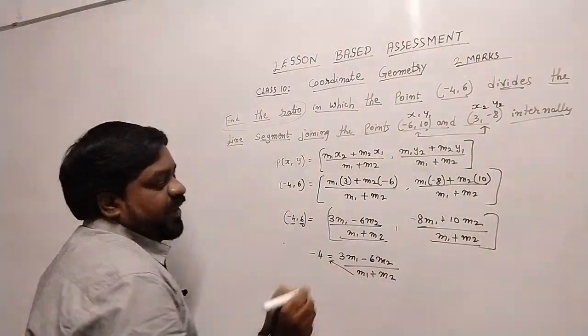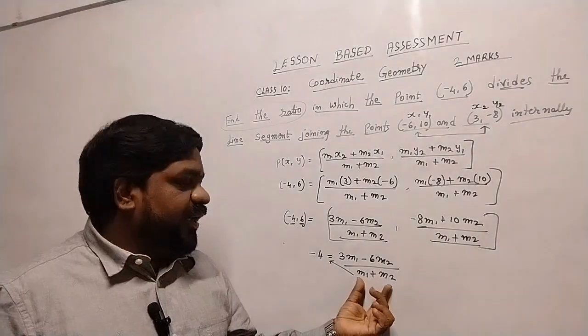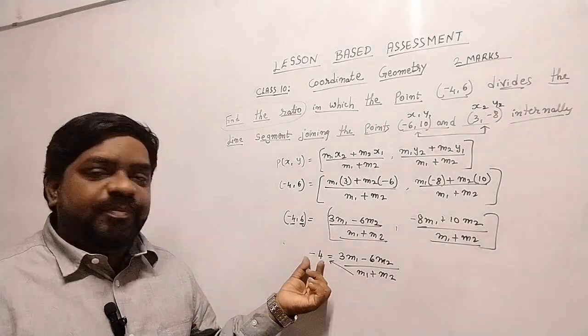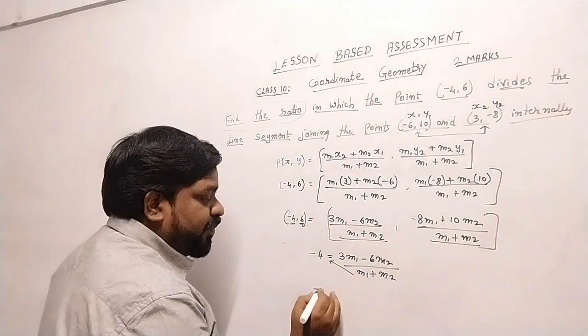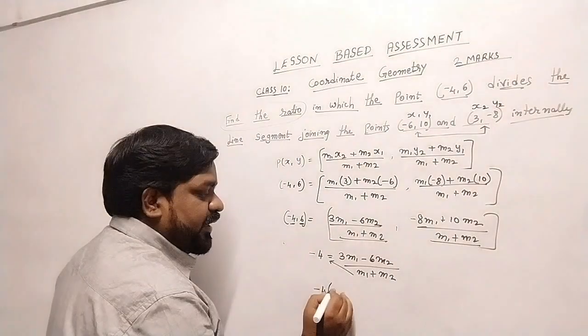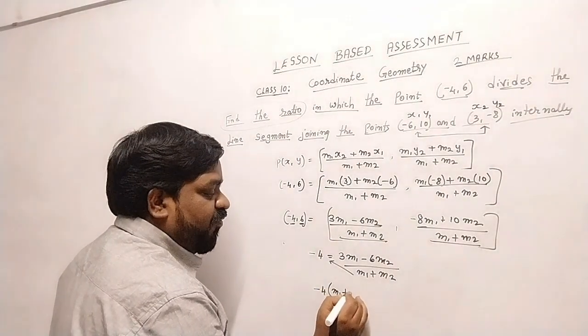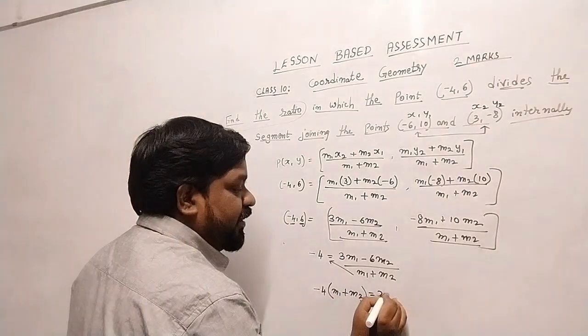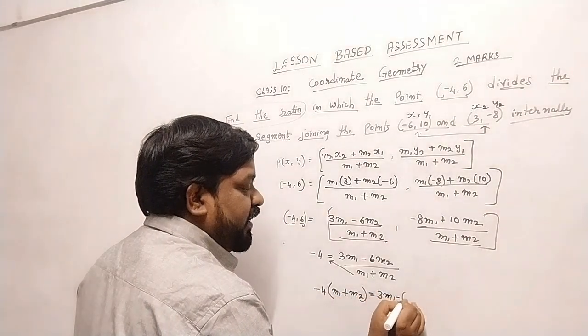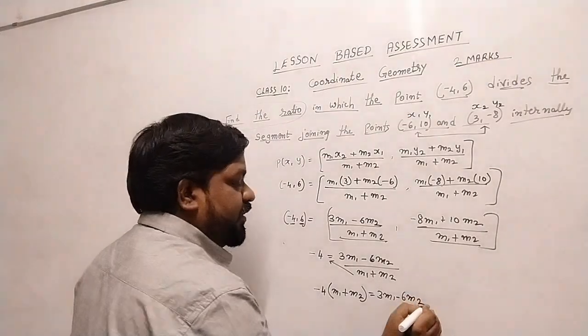Now cross multiply, this m1 plus m2 will get multiplied with minus 4. Now we can write it as minus 4 into m1 plus m2 equals 3 m1 minus 6 m2.